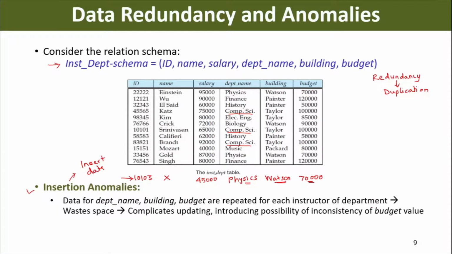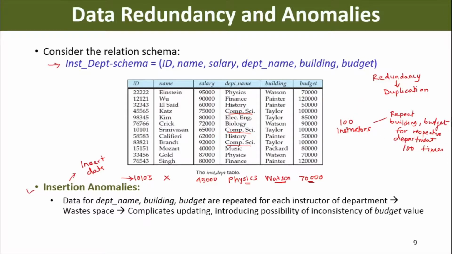So say for example, if I have 100 instructors from a particular department, then obviously I am going to repeat this building and budget for the respective department 100 times.